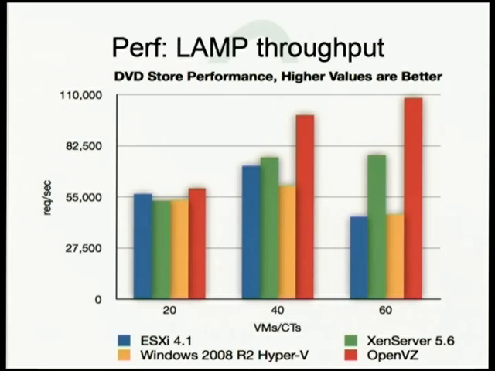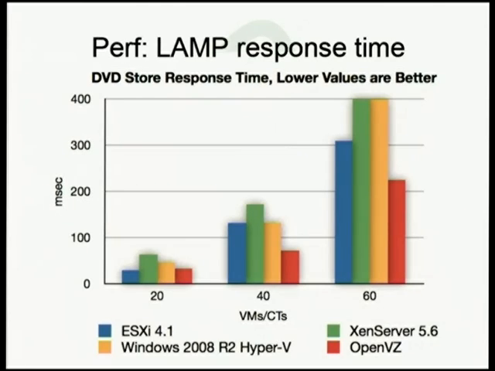That graph, except for showing that containers are faster, also shows that they are more dense. The next slide is the same test, but we see the response time. So the lower, the better. And the others are VMware ESX, Hyper-V, and Xen servers. Sorry guys, no KVM here.